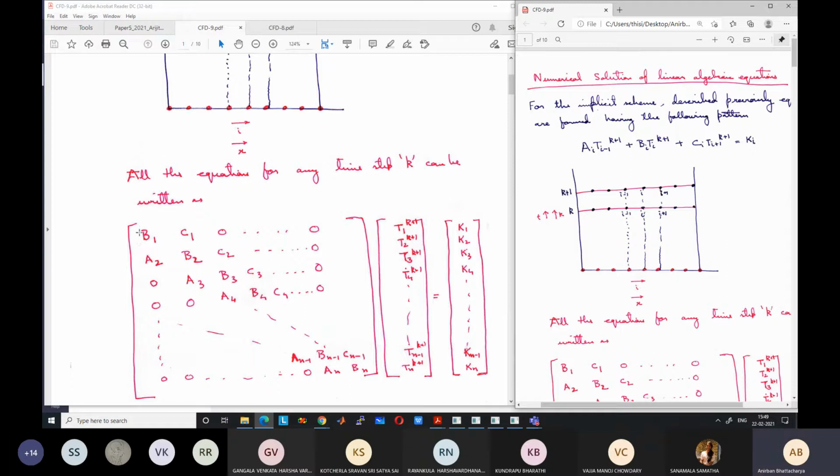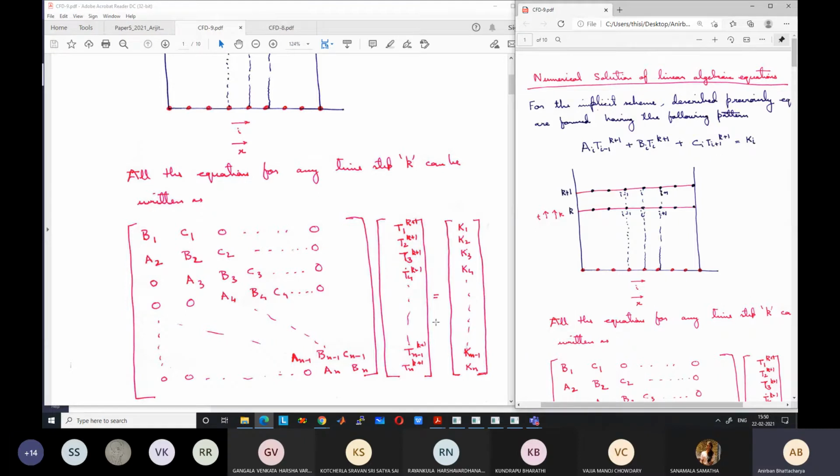the matrix form. This matrix has a size of n by n, with n by n elements. This column vector has n elements, and this column vector also has n elements. For example, for the last but one equation, the n minus 1 grid point, I can write A(n-1) T(n-2) k plus 1 plus B(n-1) T(n-1) k plus 1 plus C(n-1) T(n) k plus 1 is equal to K(n-1).